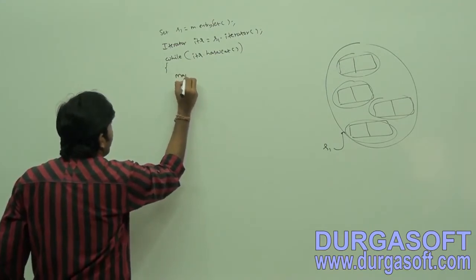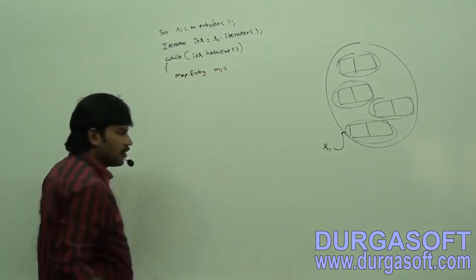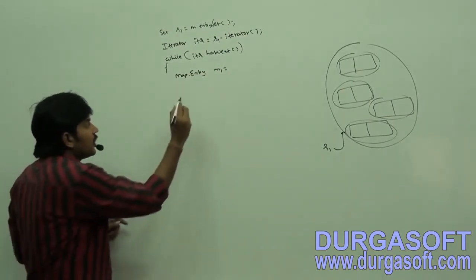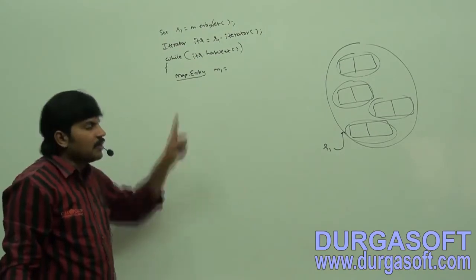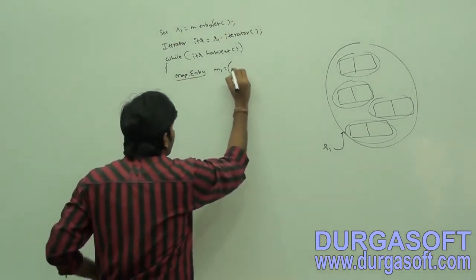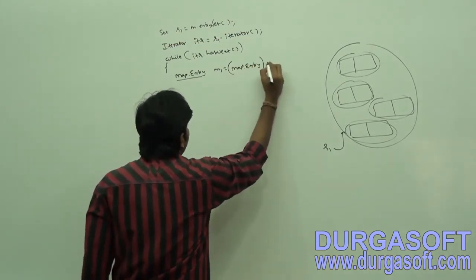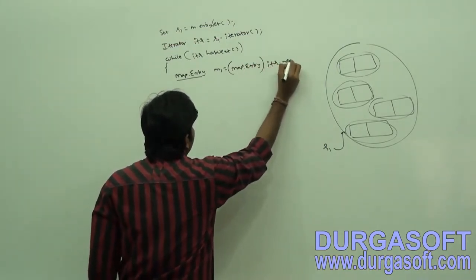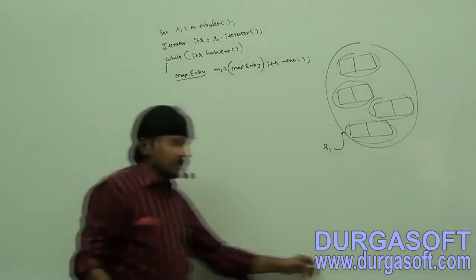So Map dot Entry m1 is equal to Map dot Entry, because for an inner class object it is outer class name dot inner class name. Map dot Entry m1 is equal to typecasting itr dot next.